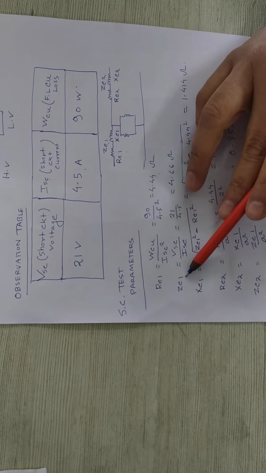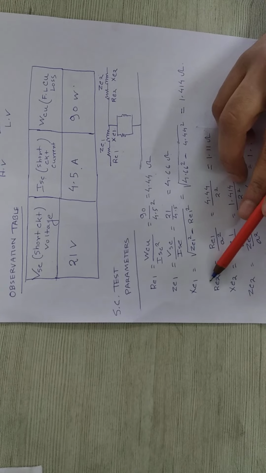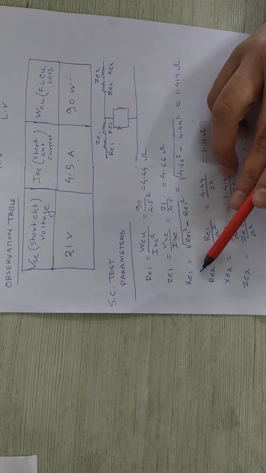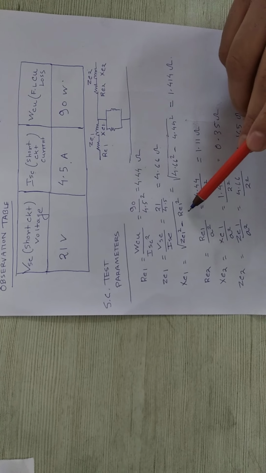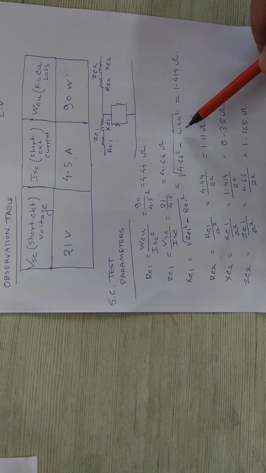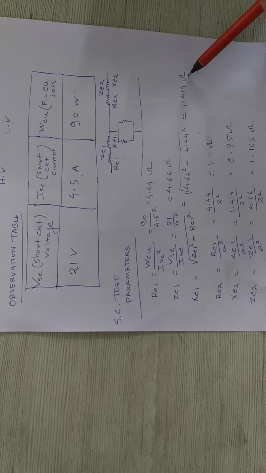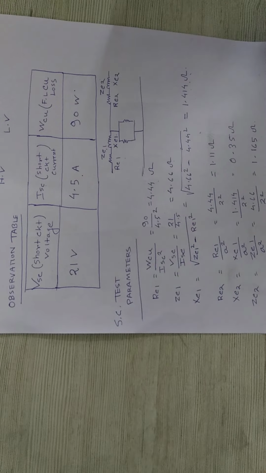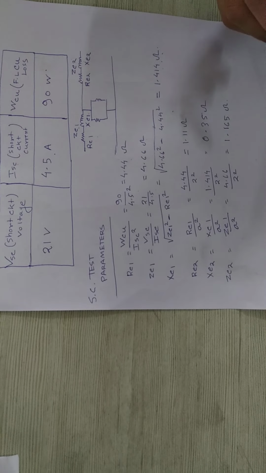So from ZE1 and RE1 we can find out the value of the reactance referred to primary, that is XE1 equals root over ZE1 square minus RE1 square, equals root of 4.66 square minus 4.44 square, equals 1.414 ohm.